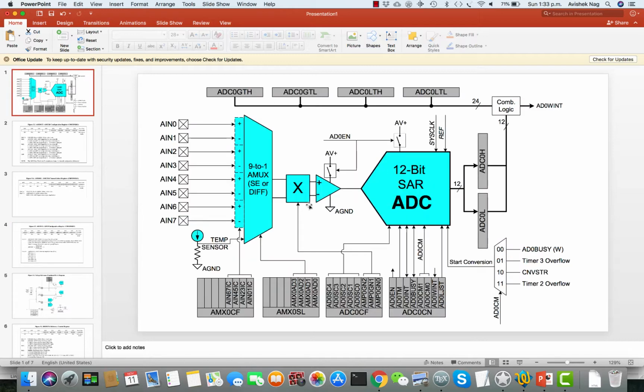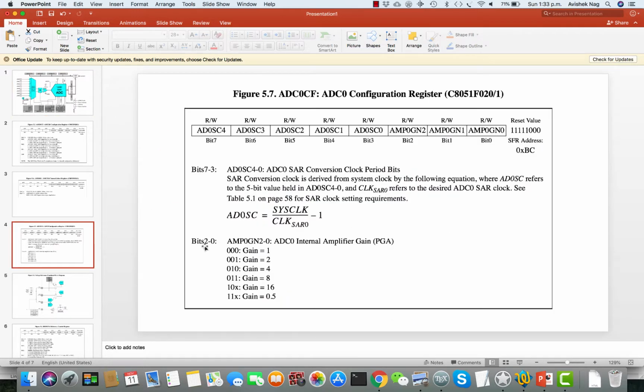If you see this, there is an amplifier here, and the gain of this amplifier is selected by choosing the bits 0 to 2 of your ADC0CF special function register. So if you have 000 for these 3 bits, then you have the gain equal to 1. If you have 001, then the gain is 2, and so on.